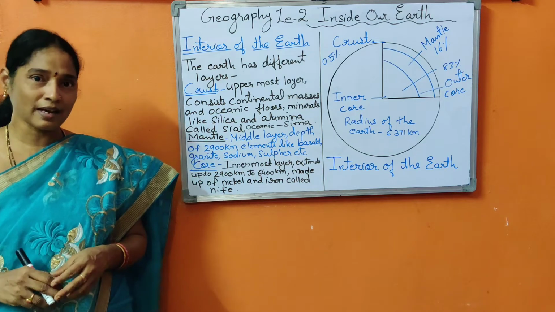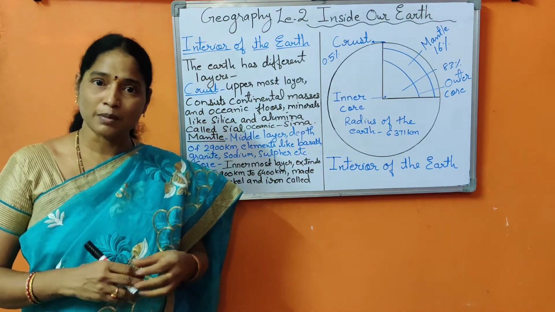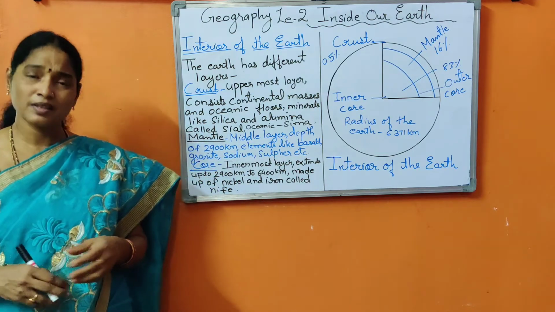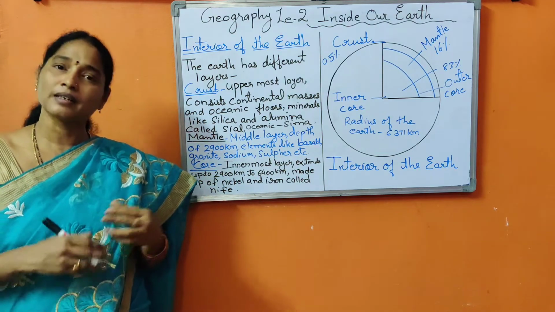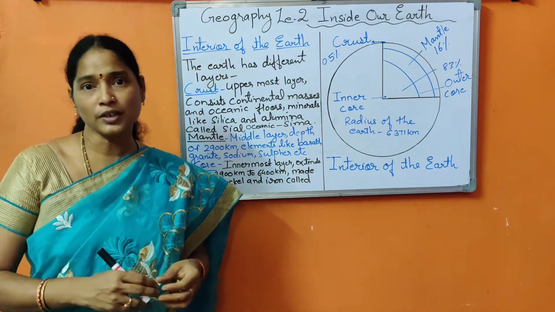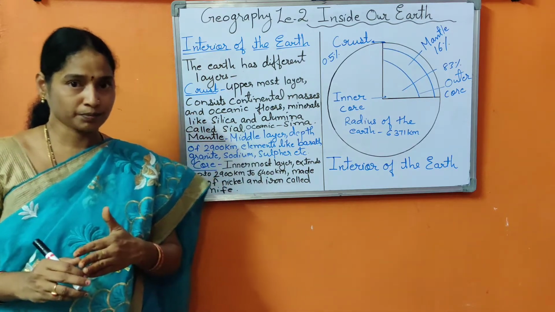The changes like an earthquake, floods, tsunami, volcanic eruption, etc. These are some changes that occur inside the earth and on the surface of the earth. So these are called changes.